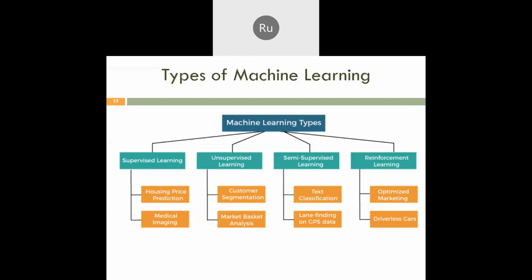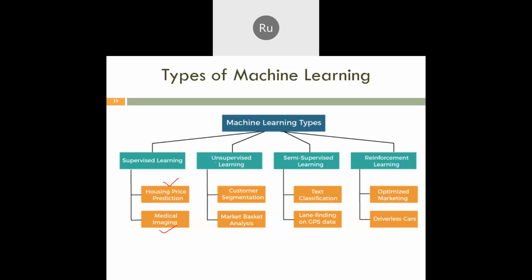Okay, now we go into the types of machine learning. It depends on the task that we are using. For example, supervised learning, we can use that for house price prediction. Okay, and also we can use it for medical imaging. So this is more on classification and regression.